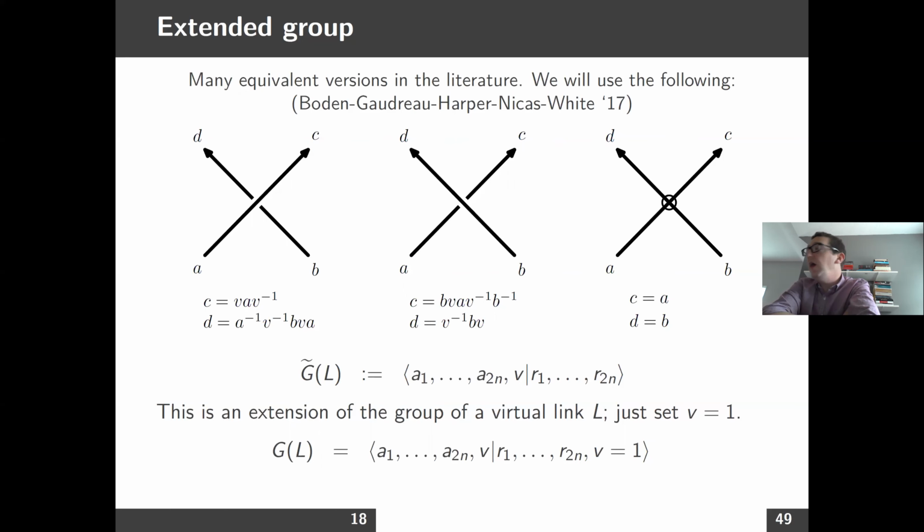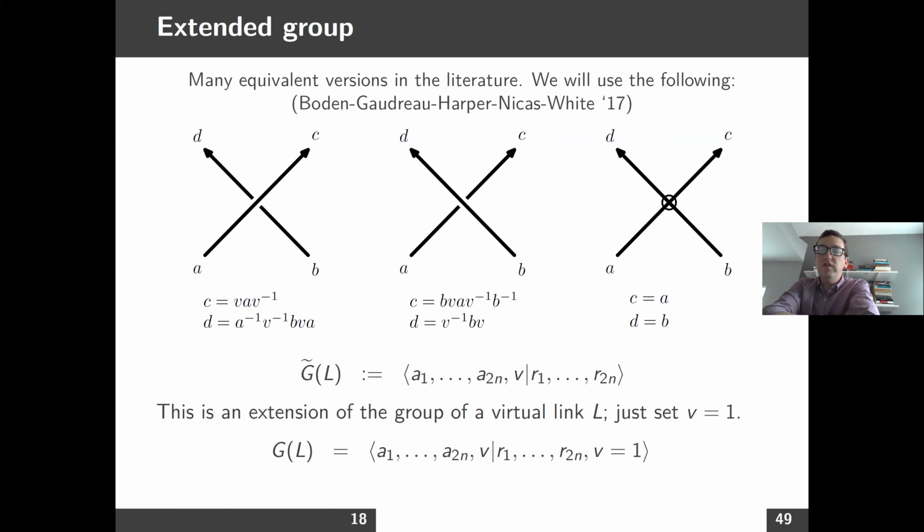The version that we're going to use is due to Bowden, Gaudreau, Harper, Nikas, and White. This is because it's the one which is most natural with respect to the Barnett-Tanger construction, which we use to find a geometric realization and prove that these invariants that we're going to construct are invariants of concordance.